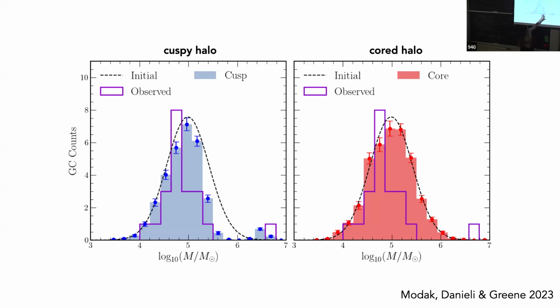If we run the simulation with a cored halo, we never form this nuclear star cluster and this deficiency at the high mass end. But if we run it with the cuspy halo, which is this result here, we can form the nuclear star cluster and this deficiency of massive clusters. These massive clusters actually sink all the way to the center and form the nuclear star cluster only in the case of a cuspy halo.